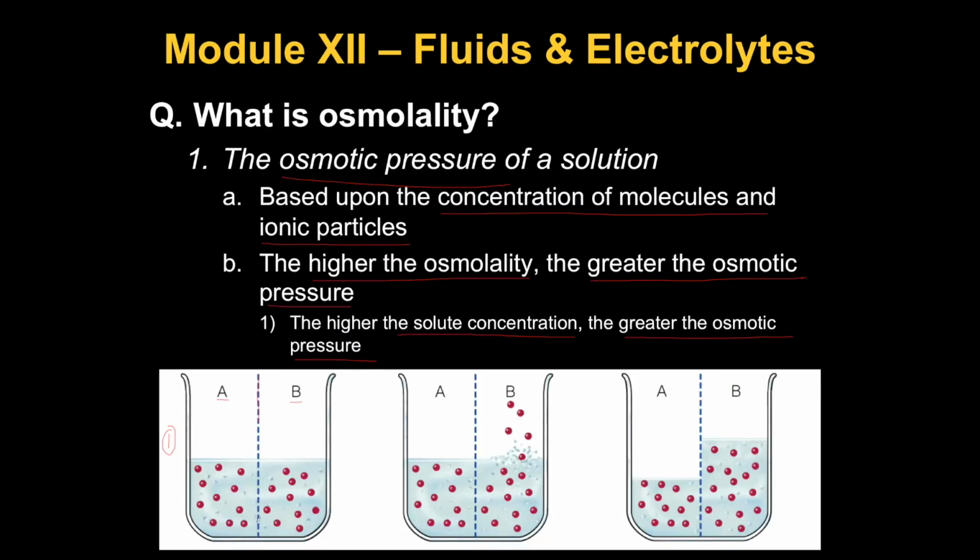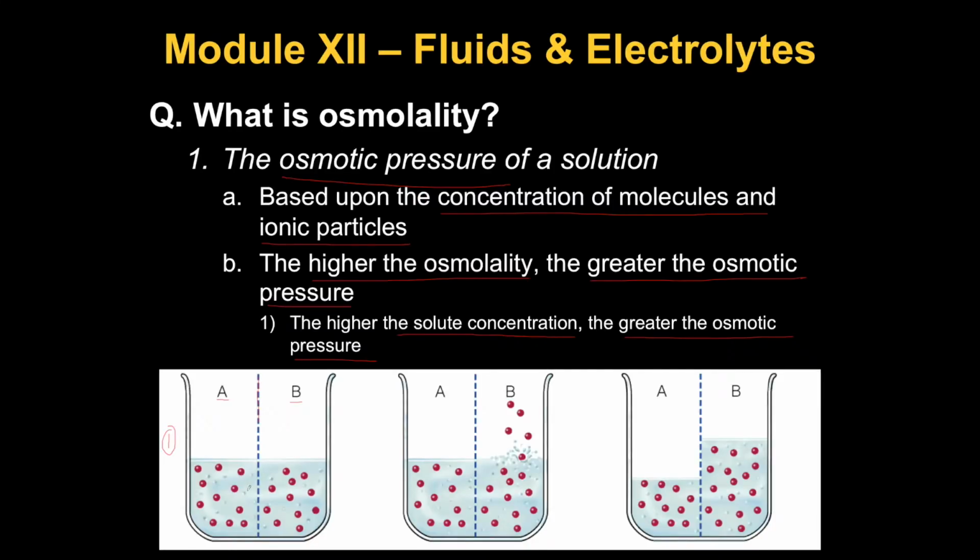In each of these compartments, we have solute particles, which are the red balls that you see here, and we have fluid surrounding these solute particles. That's the diluent. Water could be a good example of the diluent, and for the solute particles, you could use the example of sodium.